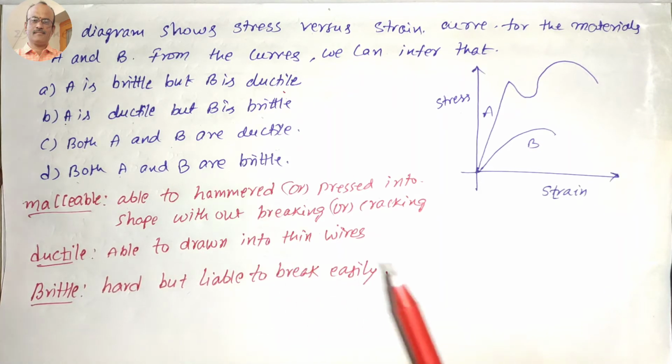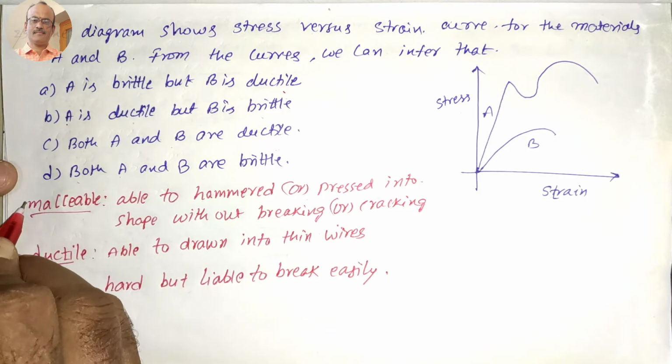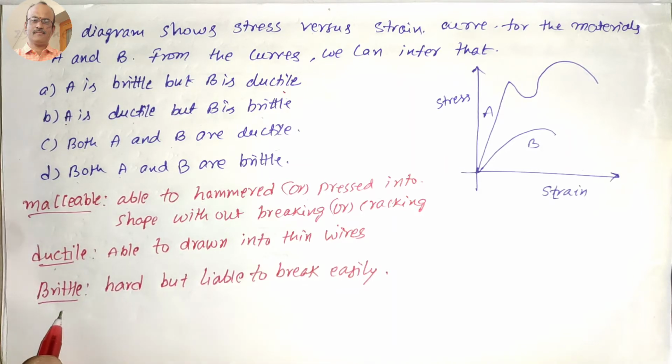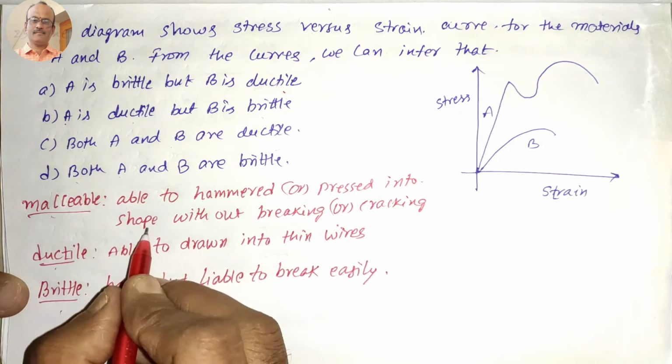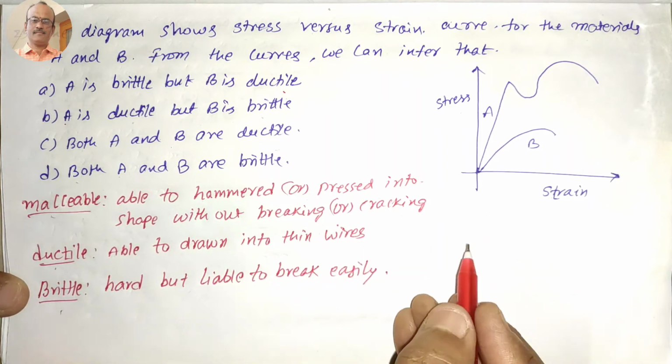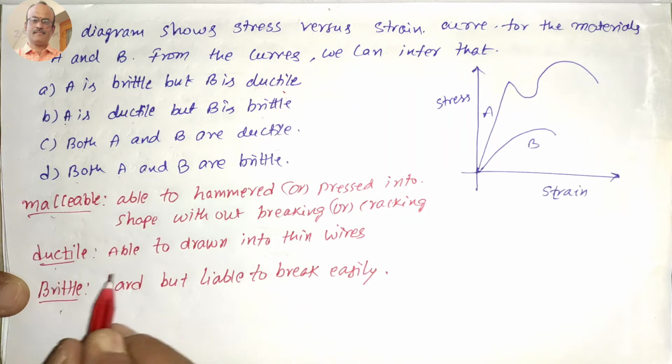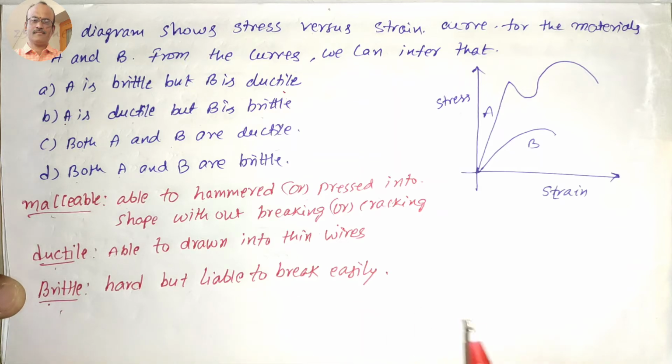But metals have some special properties: malleable, ductile and brittle. Malleable is being able to be hammered or pressed into shape without breaking or cracking, ductile is being able to be drawn into thin wires, and brittleness is appearing to be hard but liable to break easily. So these are the three properties.